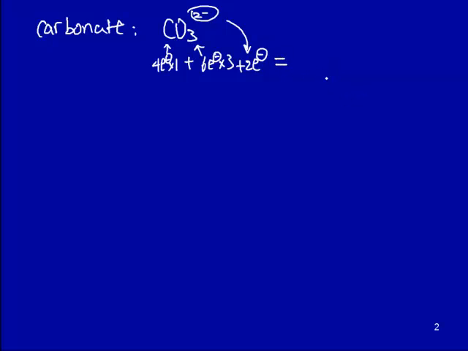So the total number of valence electrons will be 4 plus 18 plus 2, which is 24 valence electrons.